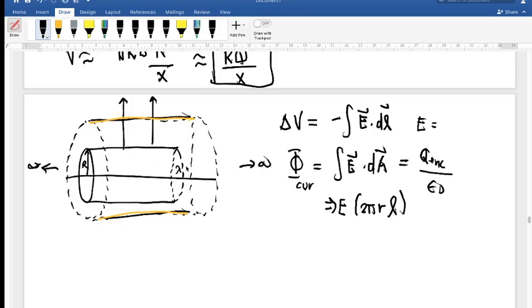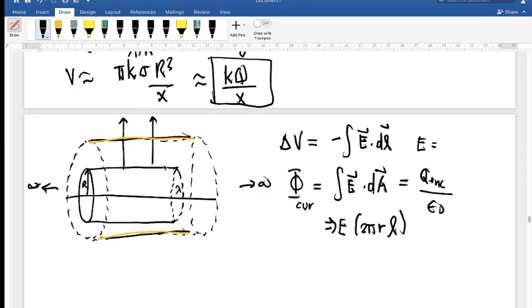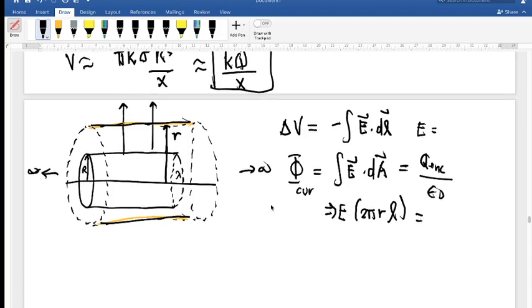So we have the radius R. So radius R of the Gaussian surface with respect to the axial line of our line. Okay, so this is your Gaussian surface that has distance R from the axial axis of your wire. So what is the Q enclosed?